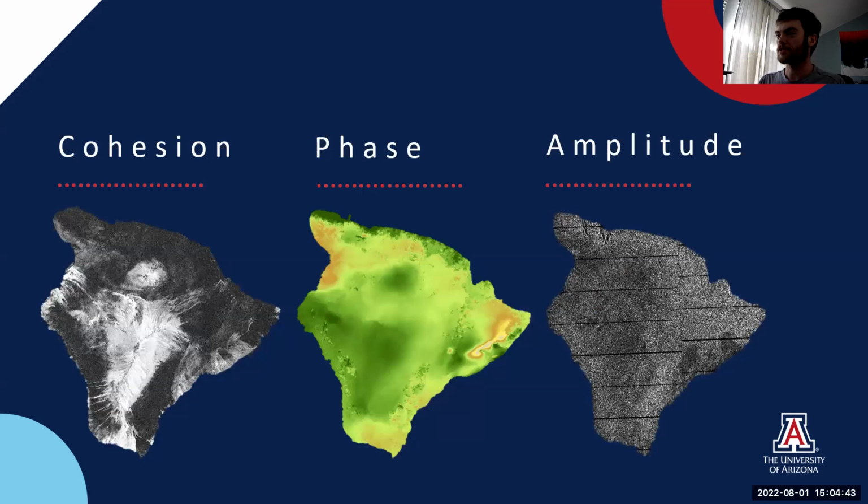So with interferometry, there are 3 main values of importance. There's coherence, phase, and amplitude. So coherence is a comparison between one SAR data set and the next on how similar they are. So towards the center of this image in this white area, you can see it's mainly just rock.